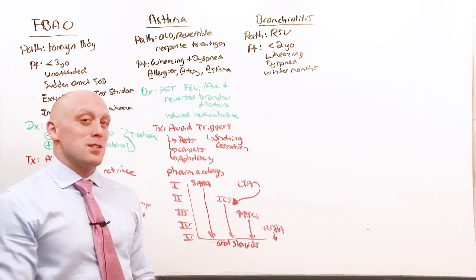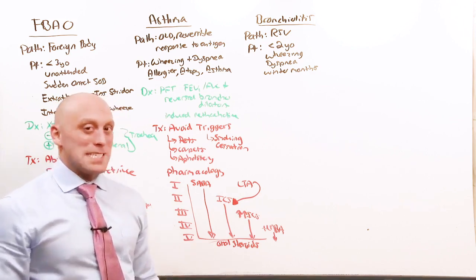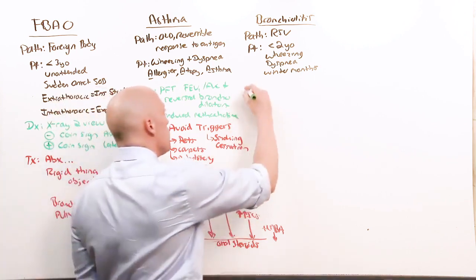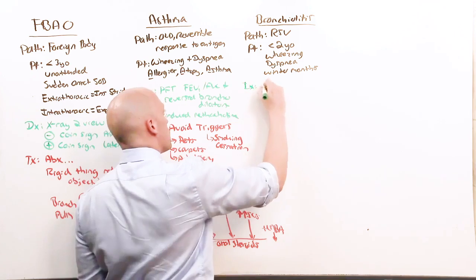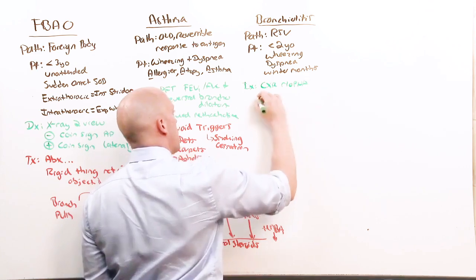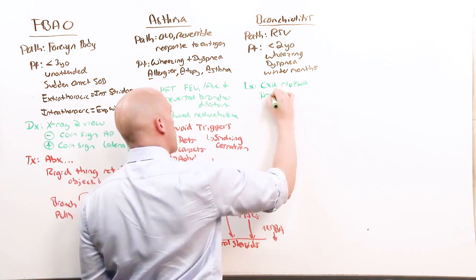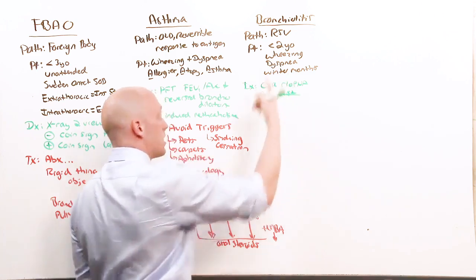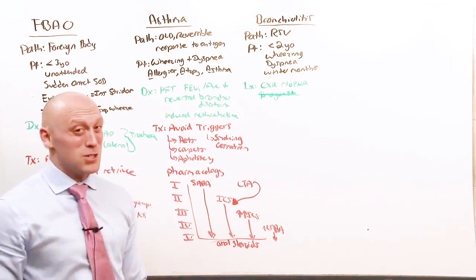But if someone comes into the ER and they're hypoxemic and they're looking like they're sick, you might do a few things. You might say, well, I want to rule out pneumonia with a chest x-ray. Okay. You might say, I want to rule out asthma by giving a beta agonist. Well, we know that beta agonists in the setting of bronchiolitis don't do anything, so you shouldn't.